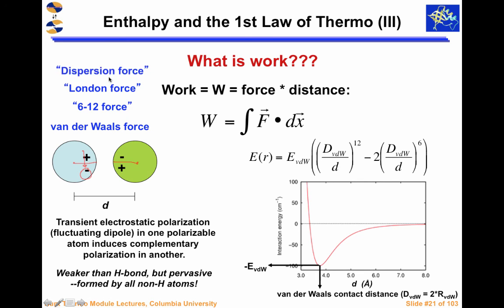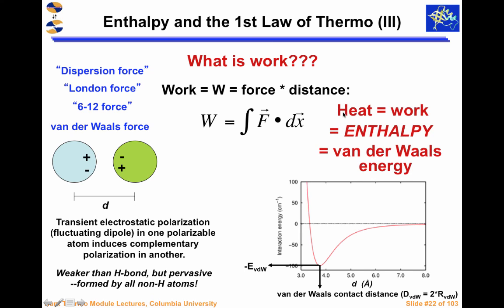It's also called the dispersion force because effectively the charge separation in one atom produces a dispersion or separation of charge in the other atoms. Okay, and so this is yet, guess what, another example of the first law of thermodynamics in action, another specific way where heat can be equal to work and is equal to enthalpy. This kind of enthalpy is called van der Waals energy.